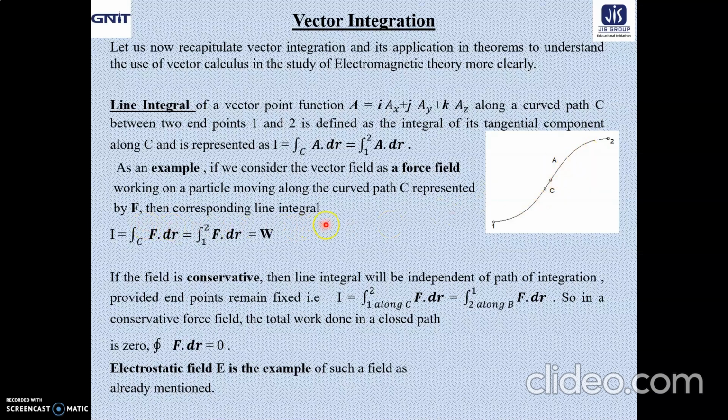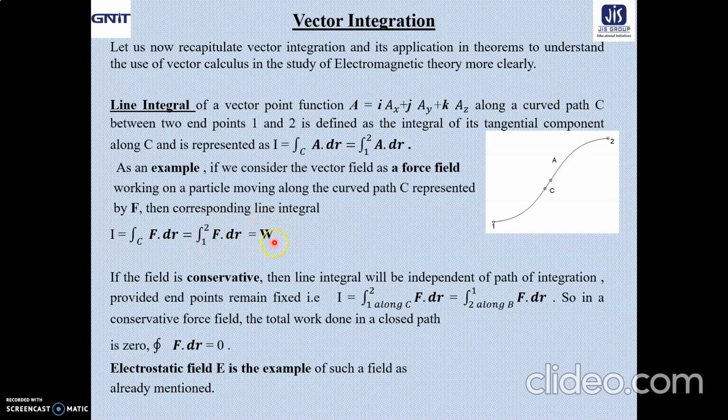Then what about the corresponding line integration? I will be equal to the integration over C, but in place of A we write F, the force field. So F dot dr, from 1 to 2. It is nothing but the work done.